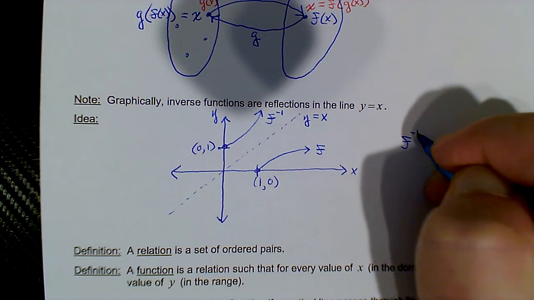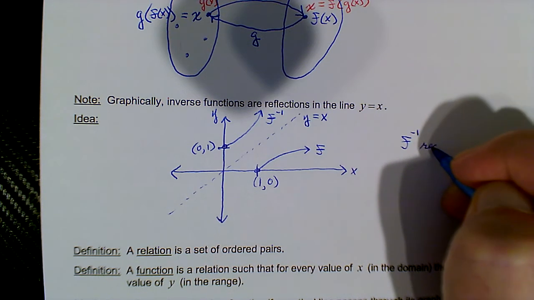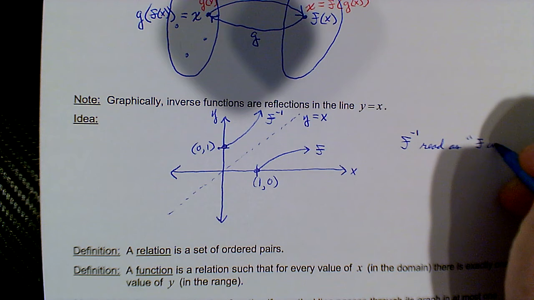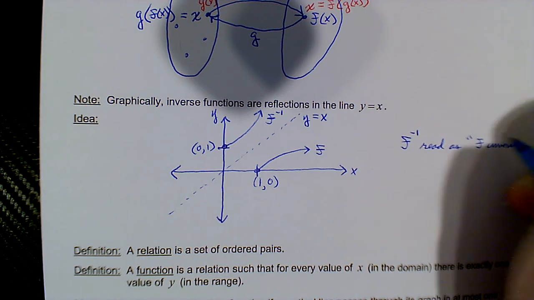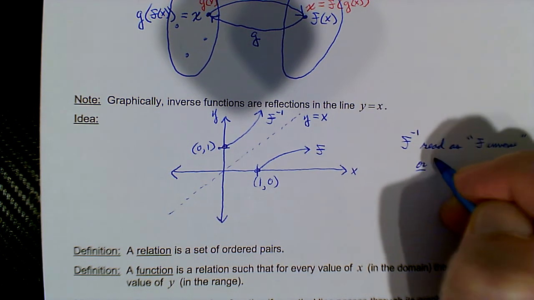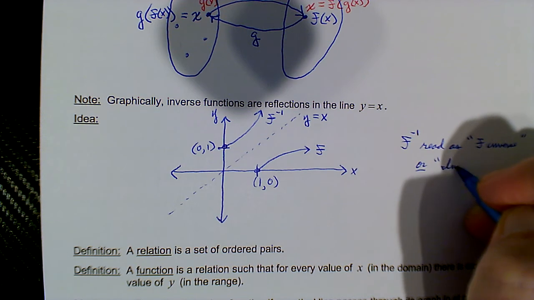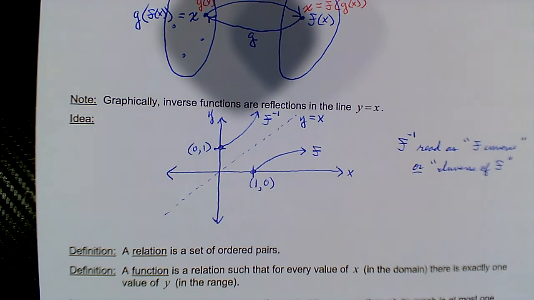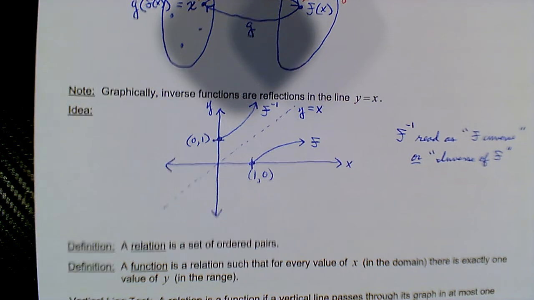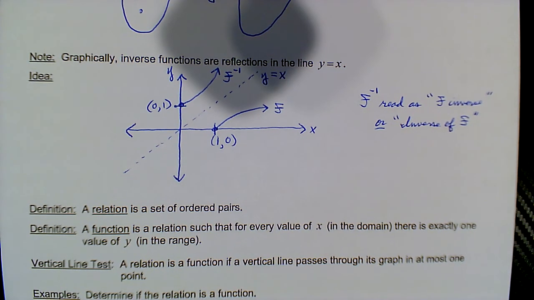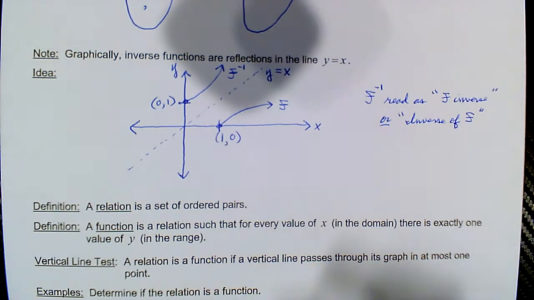So F with a superscript of -1, you read as F inverse, or the inverse of F. Okay, so get used to that superscript of -1, and it has nothing to do with negative exponents. It's just a notation that we use to indicate the inverse function.